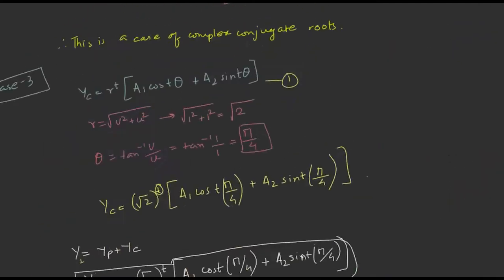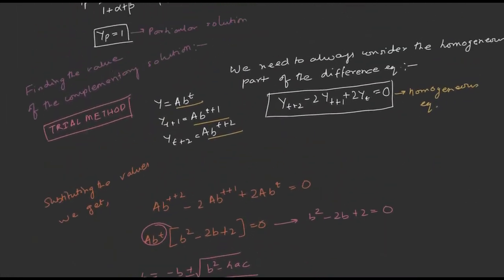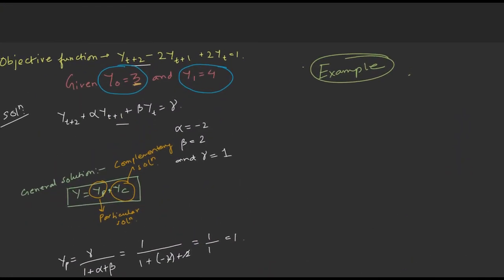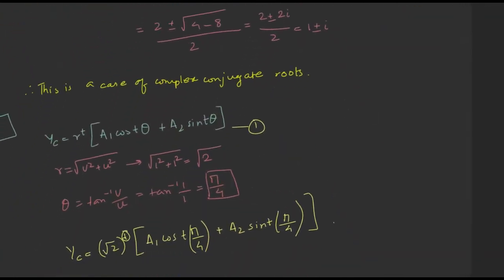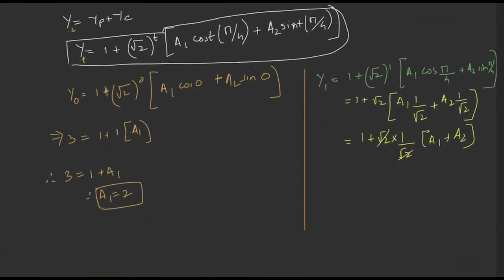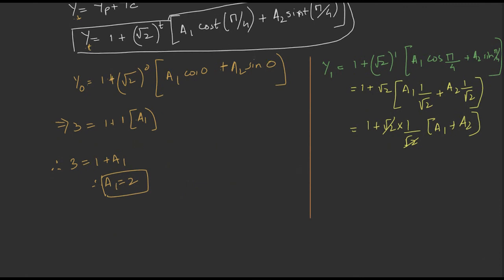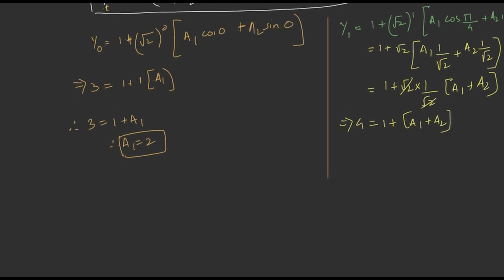So what was the value given in y1? It was given 4. The value of y1 was 4. So we will substitute y1 as 4 equals 1 plus a1 plus a2.